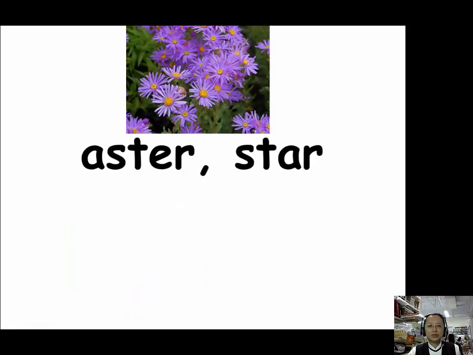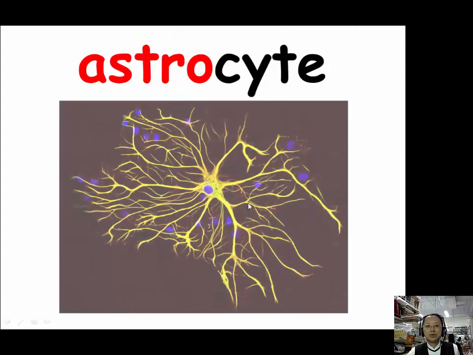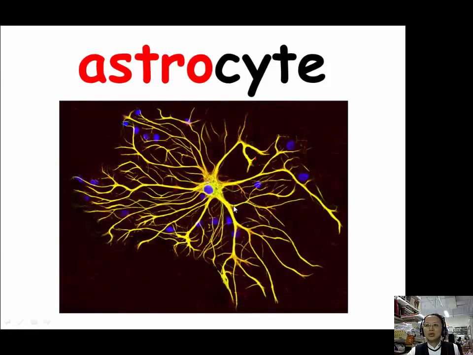When we want to describe things that are star-shaped, we use the prefix astro, A-S-T-R-O. Our example for astro is astrocyte. Astrocyte is a neuroglial cell in the shape of a star. They appear in our brain, and because of their shape, they are named astrocyte.